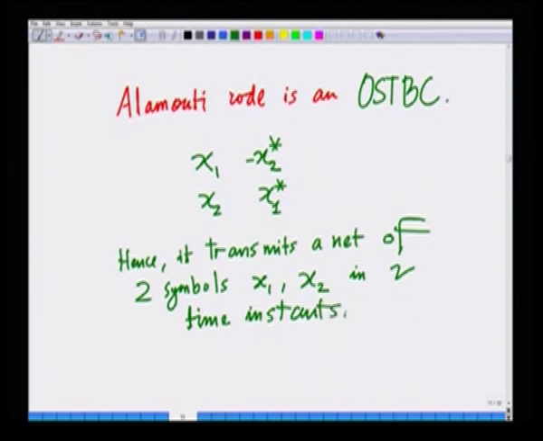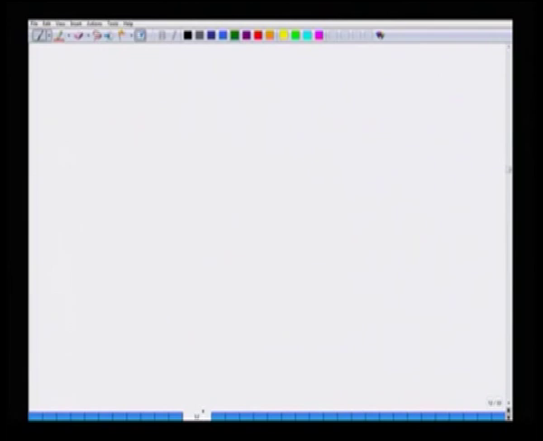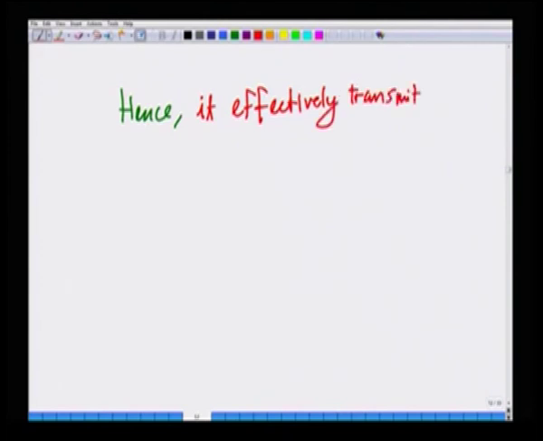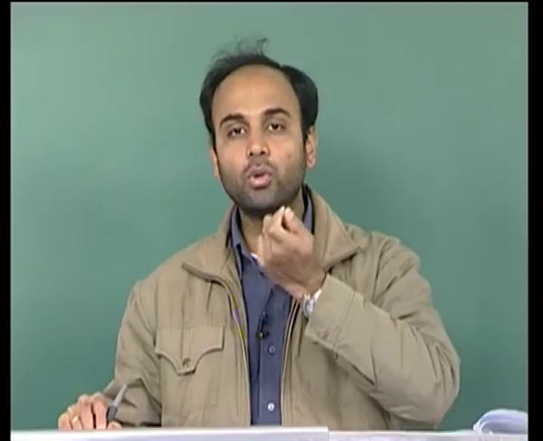It transmits a net of two symbols in two time instants. Hence, it effectively transmits one symbol per time instant, that is, it transmits x1, x2 across two symbol instances.